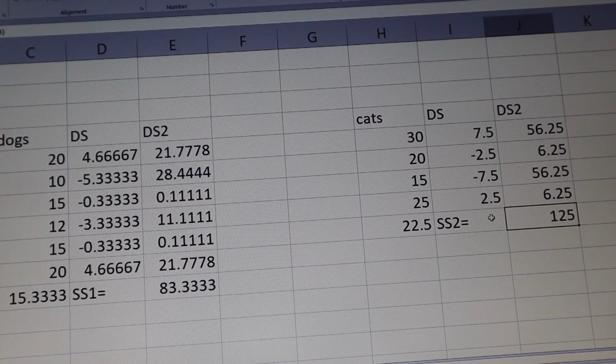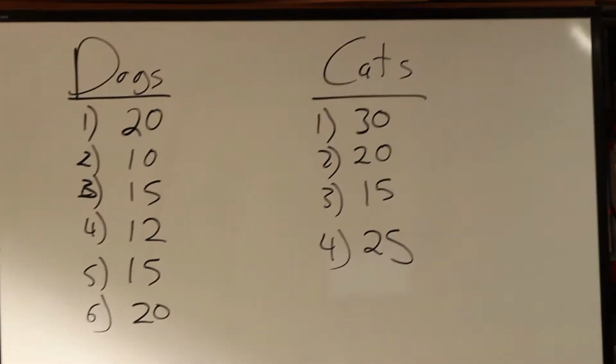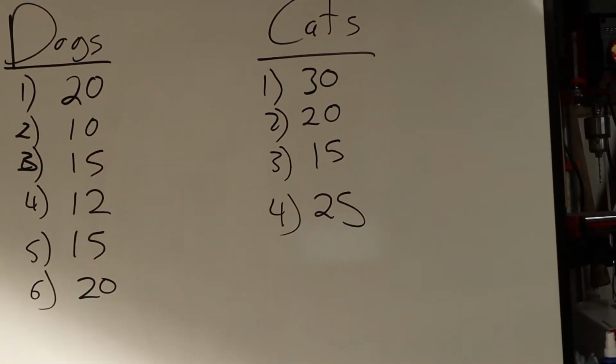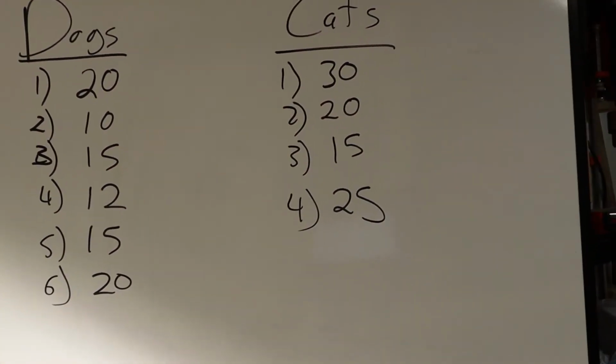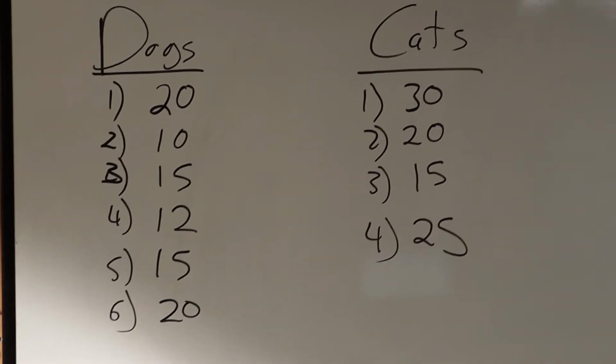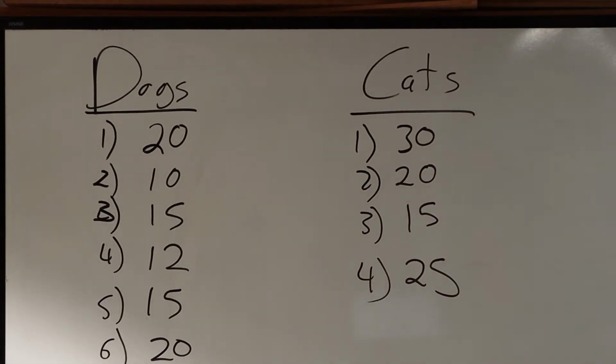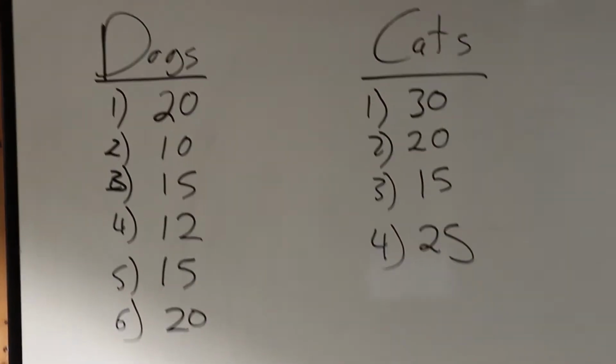Well, the way that an independent sample t-test reconciles this is that it takes into account the fact that there's a different number of dog people than cat people. Now, it's not saying that dog people are better than cat people. Don't freak out on me, everyone.